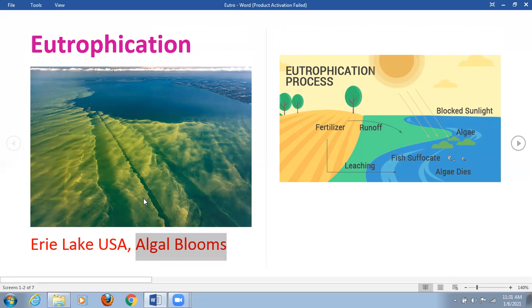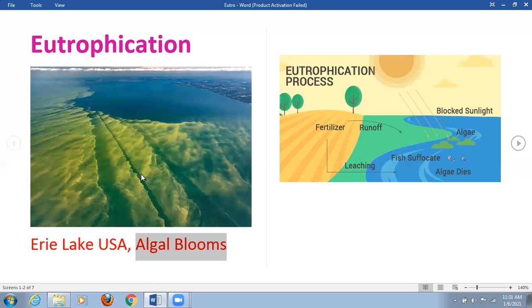So eutrophication has an adverse effect on the life present in that particular pond, and an adverse effect on the fisheries. So in short, eutrophication is the process where algal blooms or algal growth takes place on the surface of the water. That's why, first of all, sunlight is not passing, and when algae grow over there, they utilize the oxygen, and when oxygen is utilized fast, there is less oxygen present.